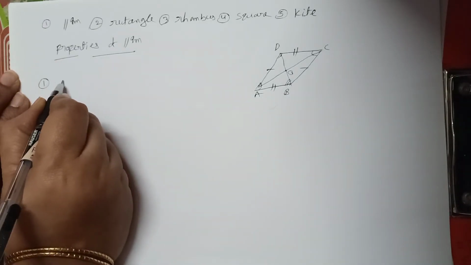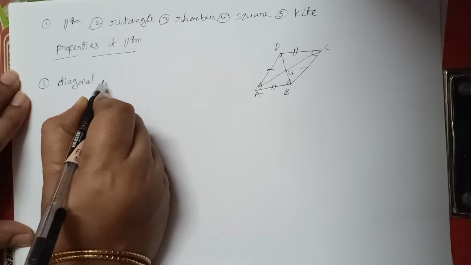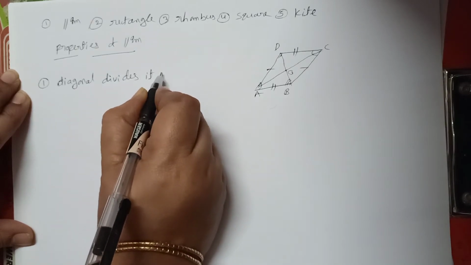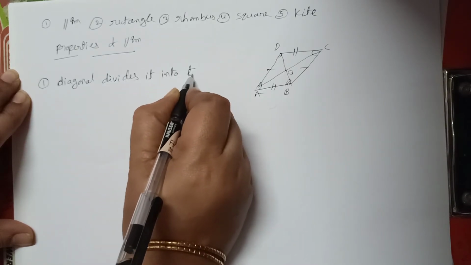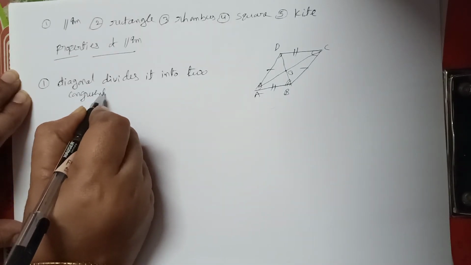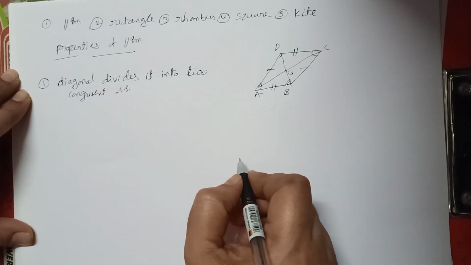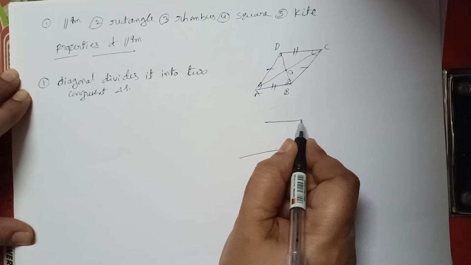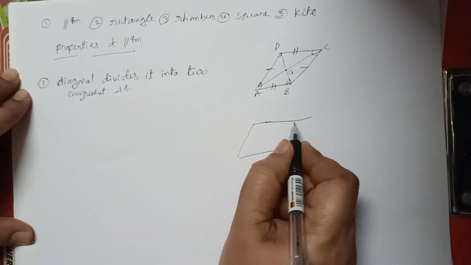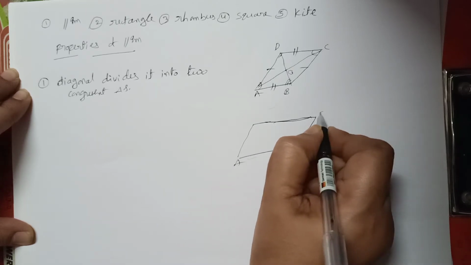First one is diagonal divides it into two congruent triangles. Now consider a parallelogram ABCD.